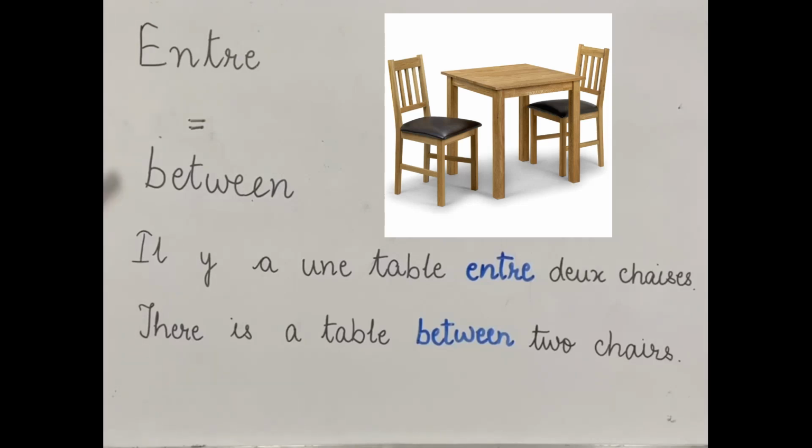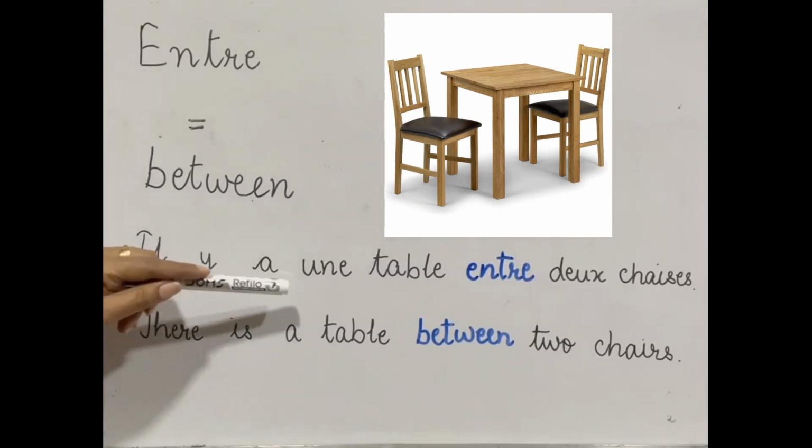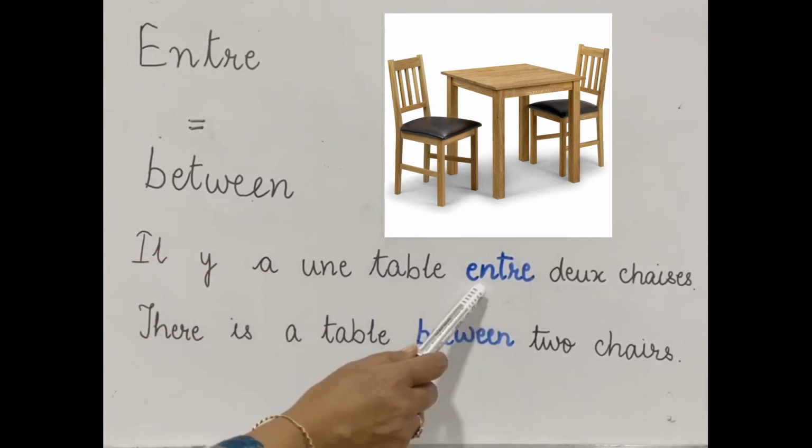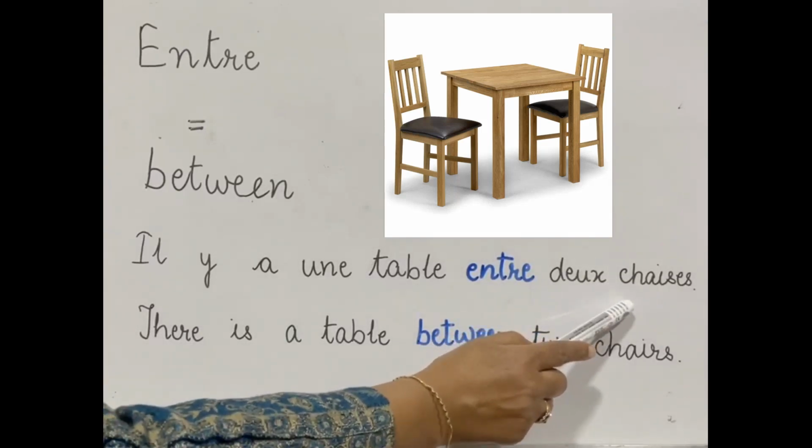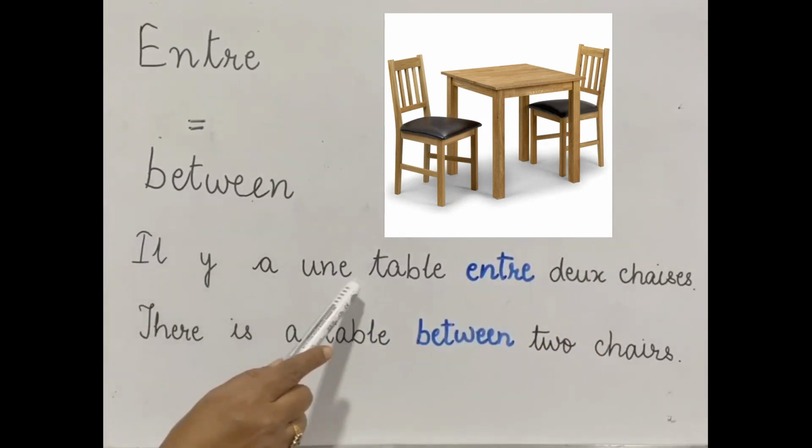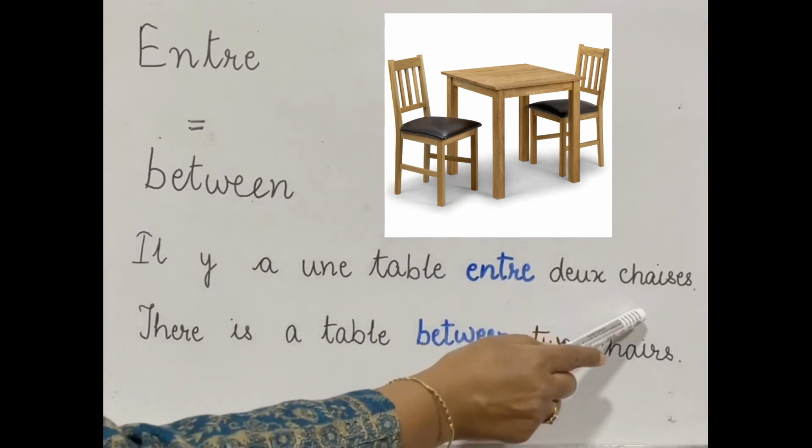Next preposition which we are doing here is entre. Don't confuse it with the verb entrer. So this is a preposition which means between. The sentence here is Il y a une table entre deux chaises.